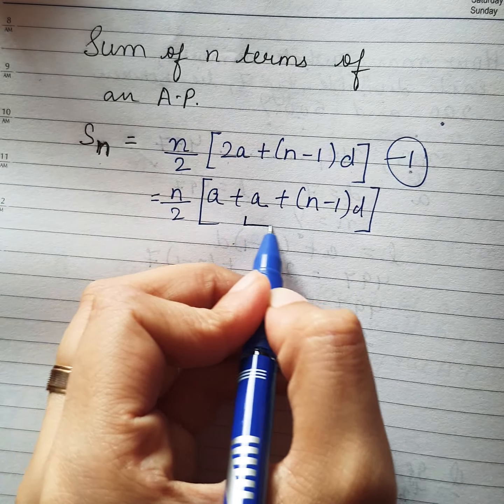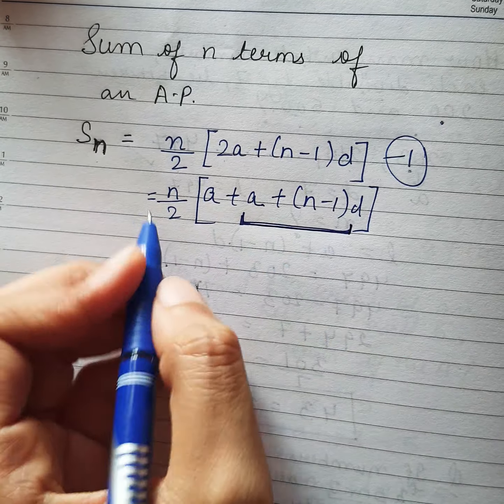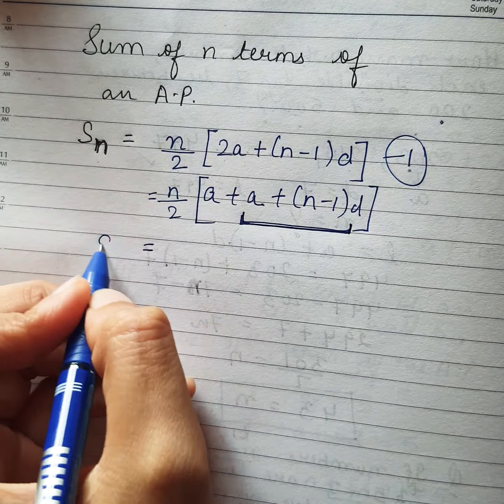So this is the formula for the general term, or we can say the last term. So one more formula for Sn is n by 2 (a plus l), or you can write a plus tn. The second formula is used when the last term or the general term is directly given, otherwise we use the first one.